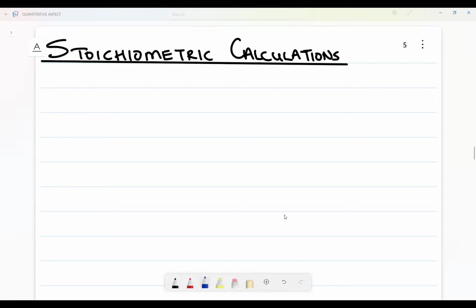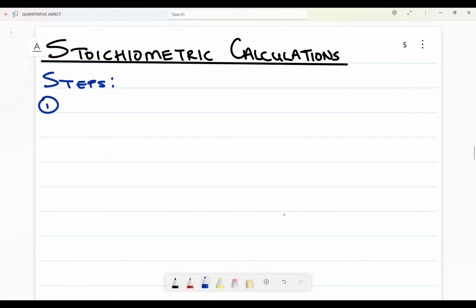I want you to look at the steps to follow, okay? Steps to calculate effectively the stoichiometric calculations.